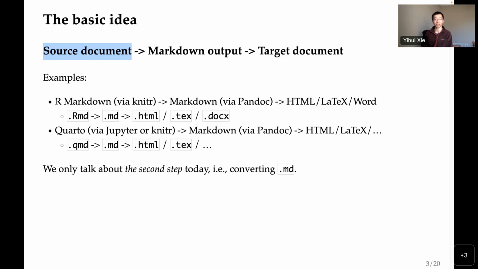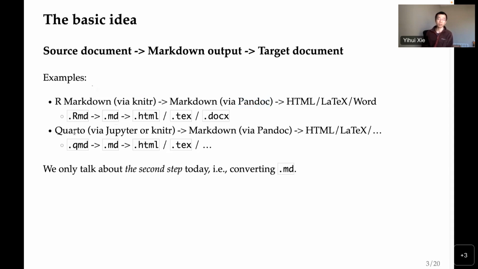One is an R Markdown document, usually with the extension .Rmd. We first compile R Markdown to Markdown, which has the file extension .md. This step is done through an R package named knitr. Then we convert the Markdown document to other document formats like HTML, LaTeX or Word. This step is usually done through a tool called Pandoc. That's typically how R Markdown works.